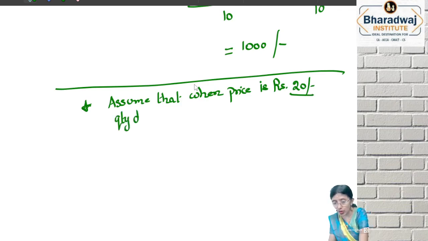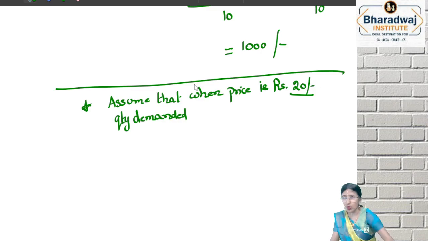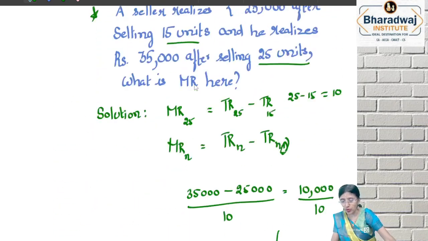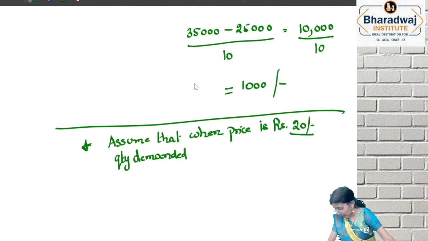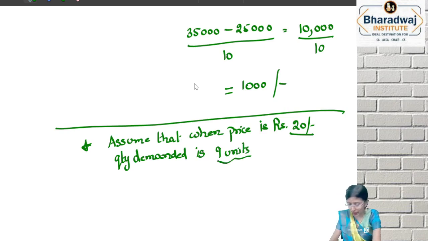Look at the problem. Different genres, or what I would say, different templates only I am giving you. Quantity demanded is 9 units. So register that point very well. When the price is 20, quantity demanded is 9 units.